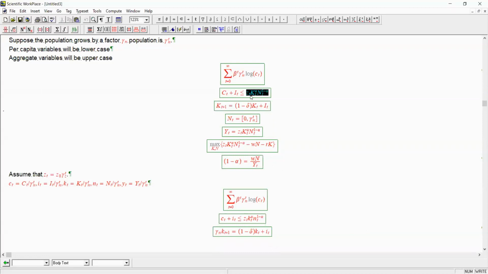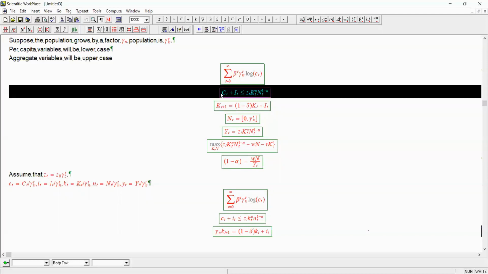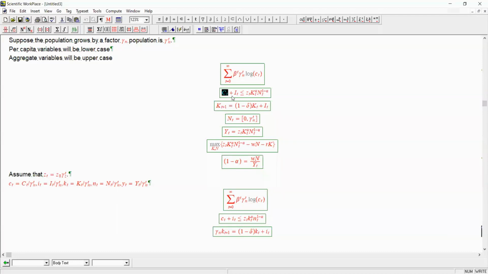Now, since output has, let's call it, a fairly constant trend, it's going to be very difficult, if not impossible, for consumption and investment to have a different trend. If either of them had a different trend, the other one would have to have also a different and opposite trend. So if consumption trends upwards, investment would have to trend downwards.